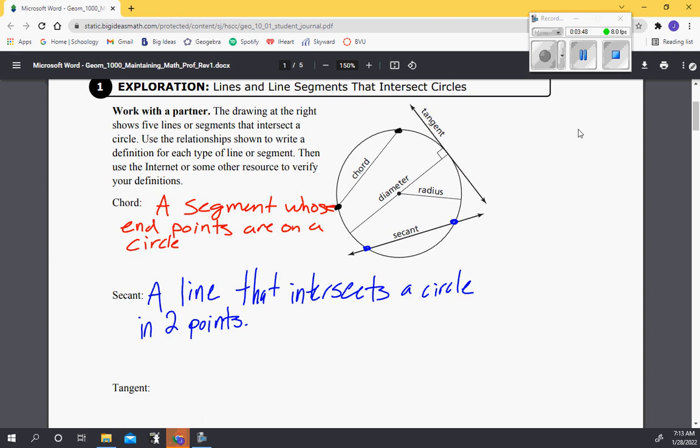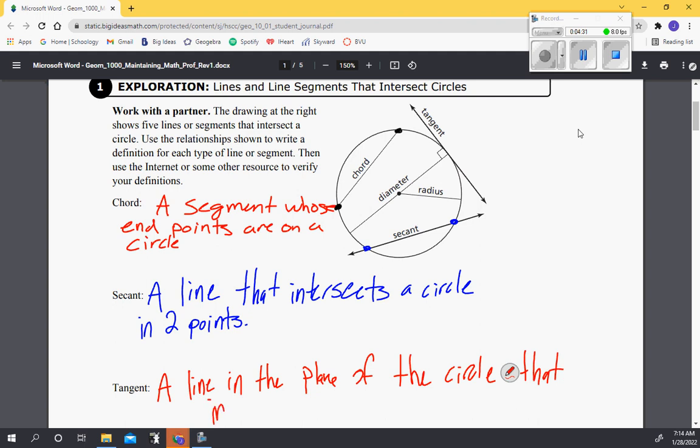Tangent now, when working with a circle, is a line in the plane of the circle that intersects the circle at exactly 1 point.